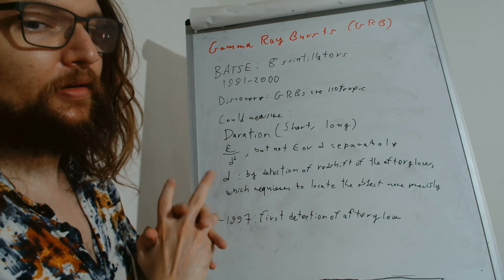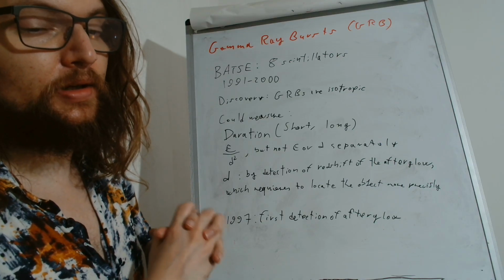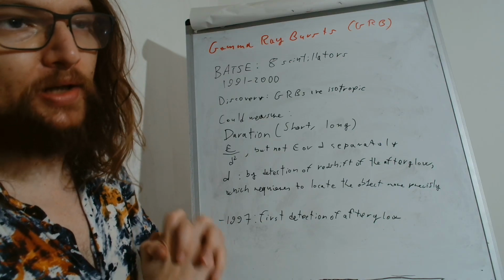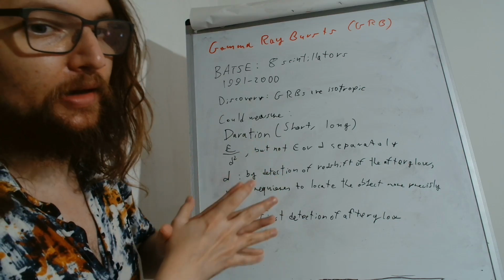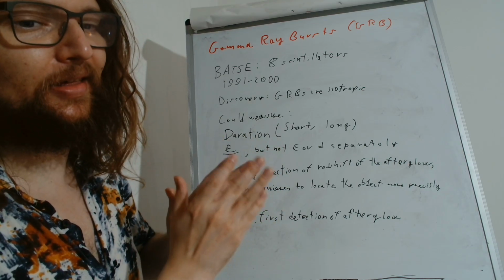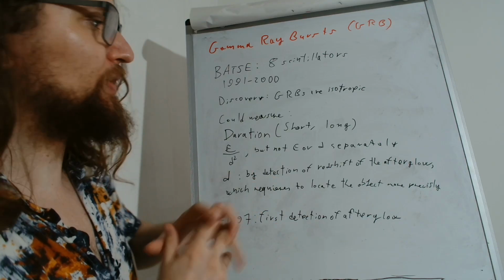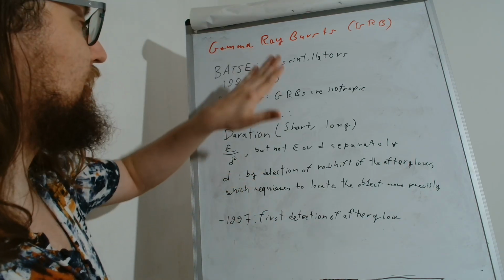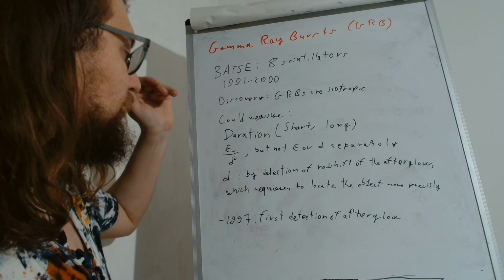But doing this, you need to tell optical telescopes where to point in the sky, and so you need to know the precise direction of the gamma ray burst in the sky, which is something Batse with its 8 scintillators could not do.